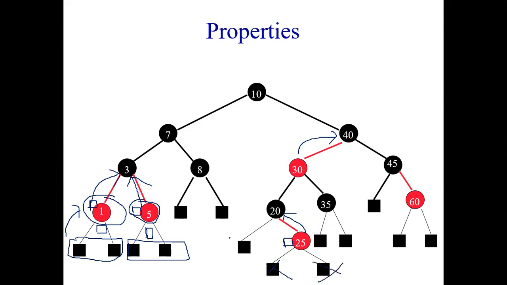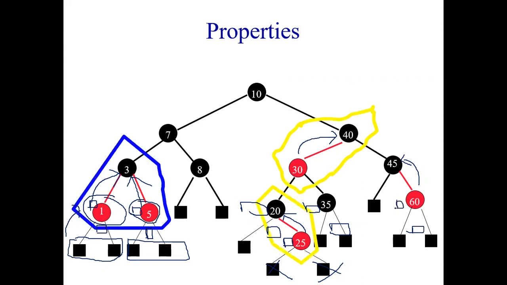So these two external nodes will become one external node, and these two will become one external node, and it will come to this level. Similarly, when you merge this red node here, these two external nodes will become one external node, and it will come here. So finally, all the external nodes will come at one level, right?